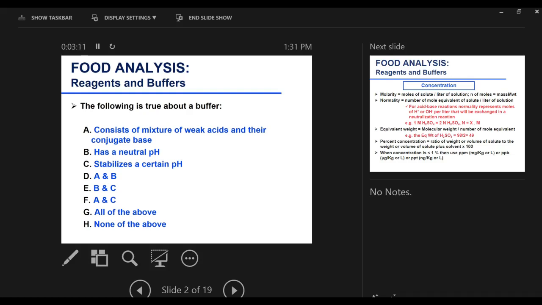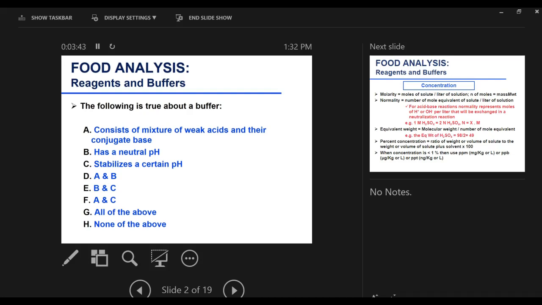If you're titrating with acid, you're giving H plus, you're giving protons, to the system. Your conjugate base is going to pick up those protons. Instead of having the pH go down, the conjugate base picks up that proton, and you don't see a change in the pH.